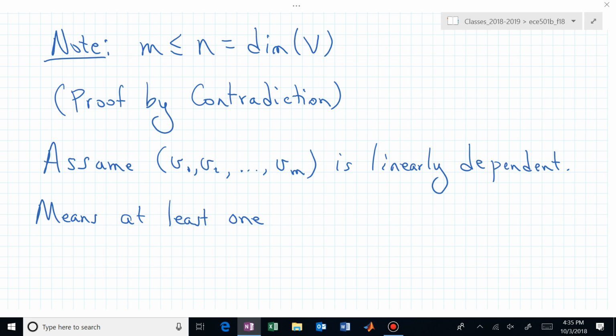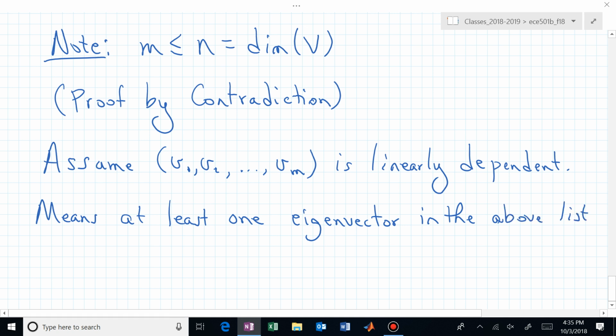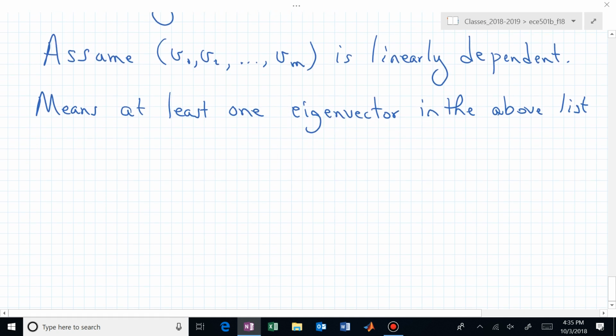So that means at least one eigenvector in the above list is in the span of the others. That's what we mean by a vector being linearly dependent.